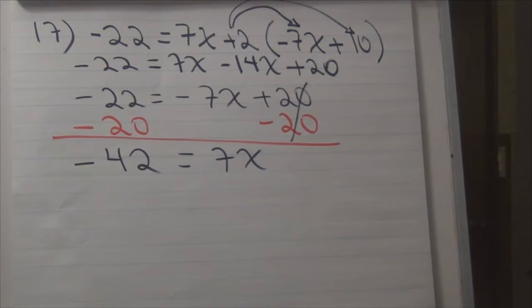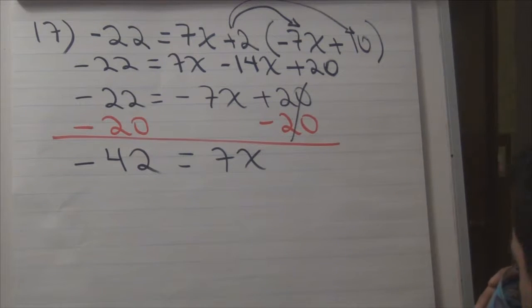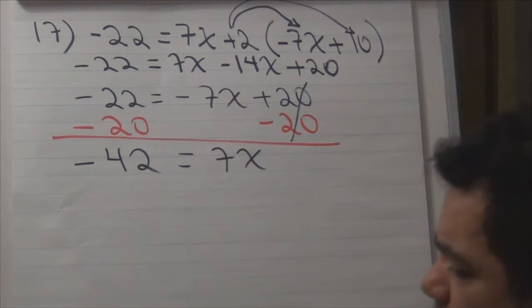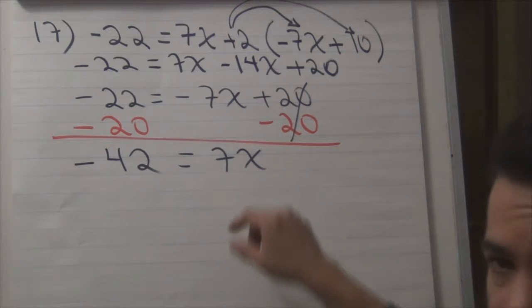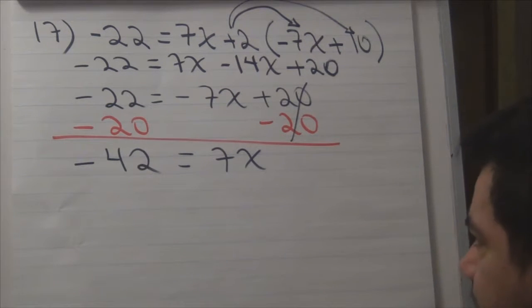And the last rule was what? The multiplicative inverse. The multiplicative inverse of what number? Of 7 over 1, which is 1 over 7. So I'm going to multiply the whole thing by 1 over 7.